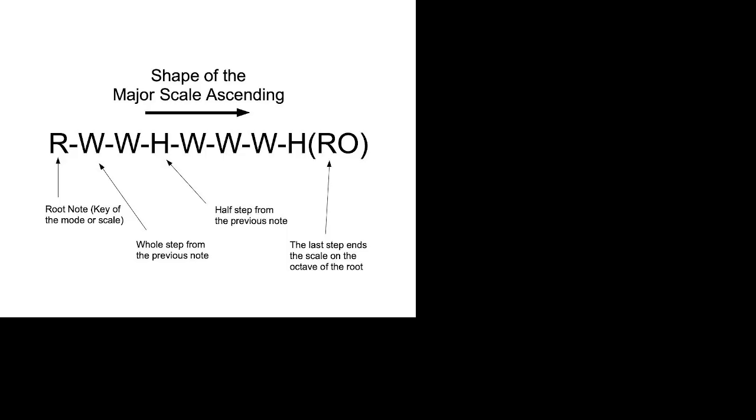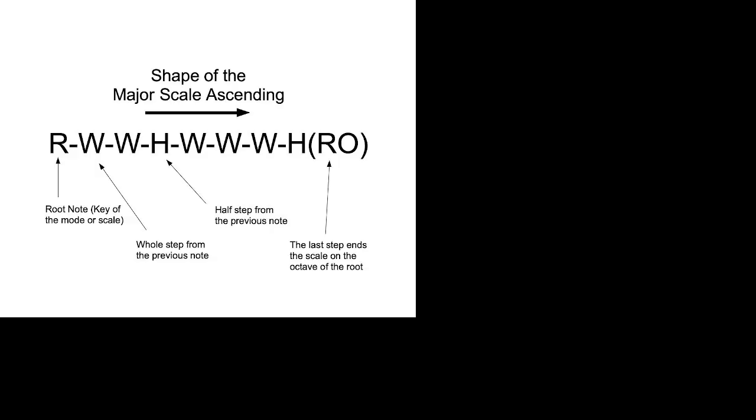But the way I've been defining shapes for a mode or scale is the root note and then the steps of the subsequent notes of that scale in terms of either a whole step or a half step. A half step being a chromatic increment along the even chromatic scale, and a whole step being basically two half steps. So here is a picture of the shape of the major scale.